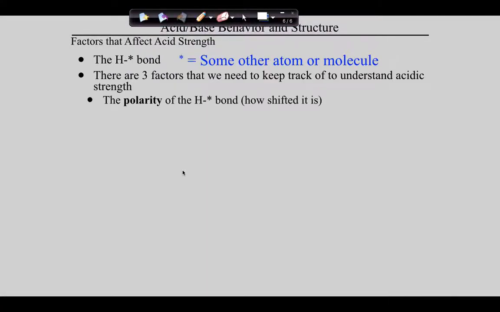So I just added this, and I want to see if this clarifies it all, but we won't know until we get to the end of this, but let's try. So guys, when we talk about the polarity of this bond, what we're talking about is how shifted it is.